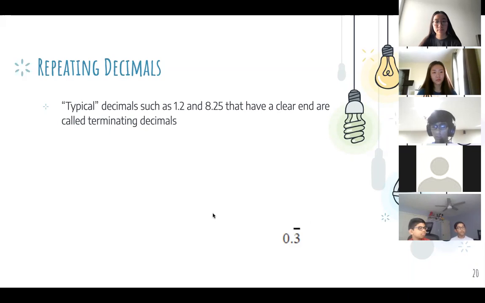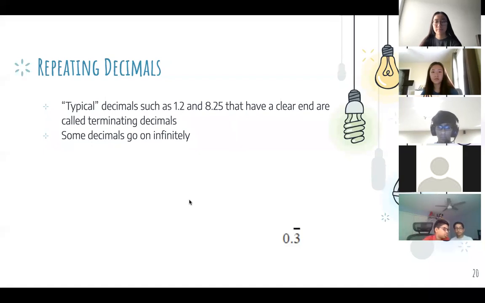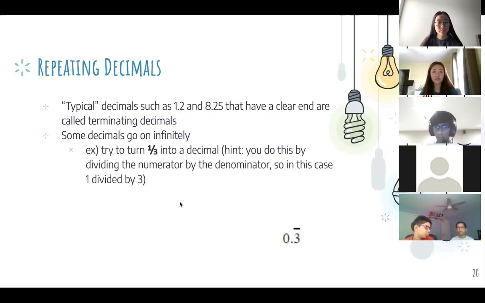They're called terminating decimals. To represent a repeating decimal, you're usually going to see a bar above what's being repeated. For example, you see the 0.3 that's being repeated. That means it's going to be 0.3333333 infinitely.